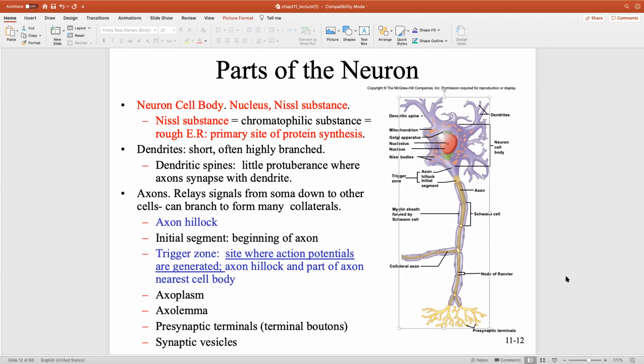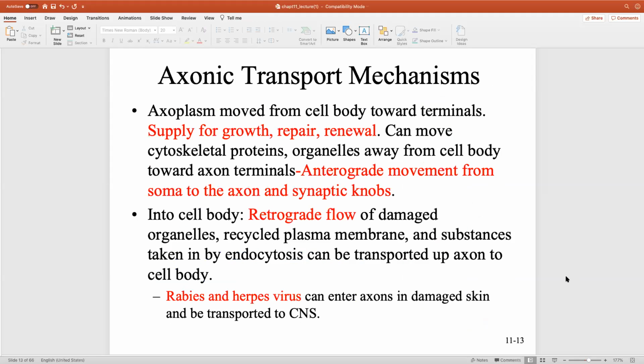That allows for healing. Now, that anterograde flow is really important. It allows you to connect the cell body to the rest of the axon. There's also retrograde flow. Retrograde flow allows us to get rid of damaged organelles, damaged fats, and all the proteins that are damaged throughout the course of many years of us being alive. We need to recycle all of that.